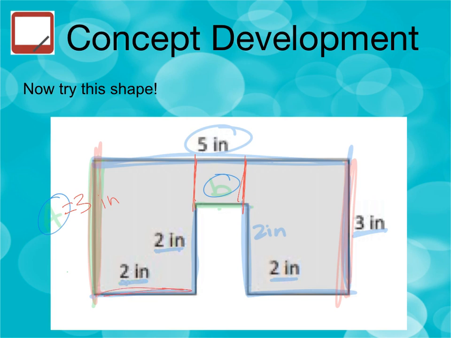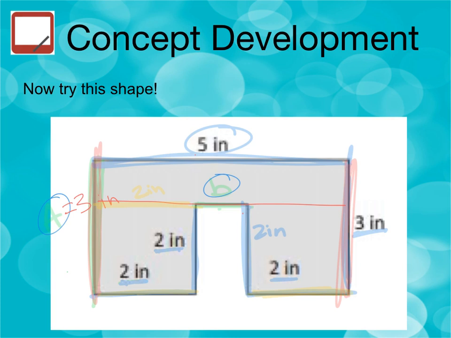right here, wait, no, just kidding, I don't want to do that. We're not going to split our rectangles there. We're going to split our rectangles right here. Okay. So I can see that this distance and this distance are the same, so this would be 2.